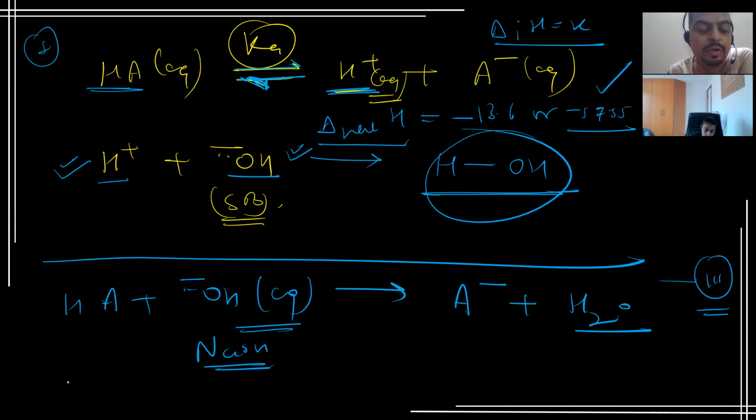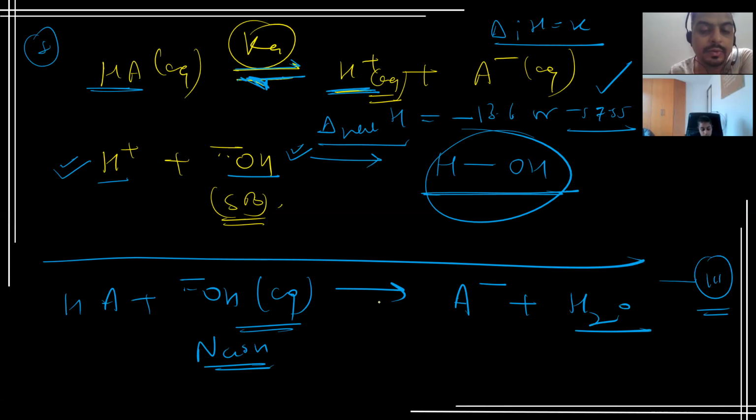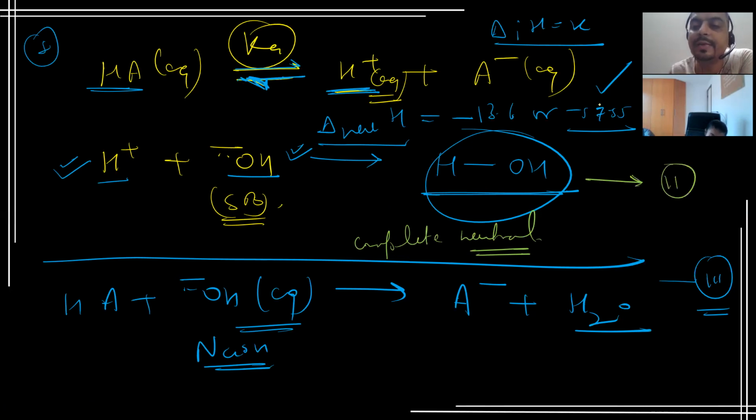This is called the complete neutralization reaction, which comes from the addition of the first and second. So the enthalpy of the third reaction is the total sum of the first and second.